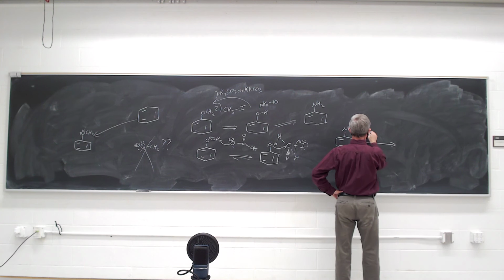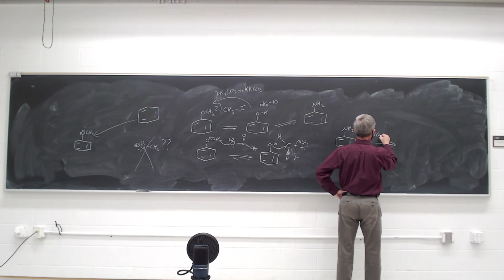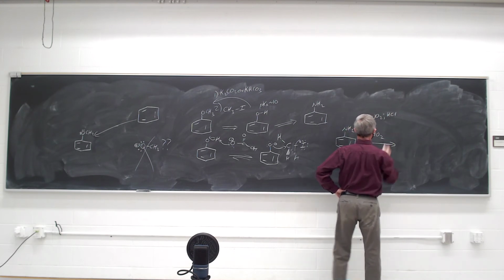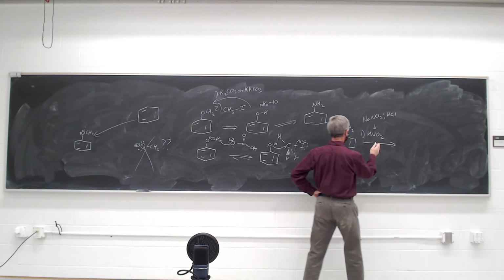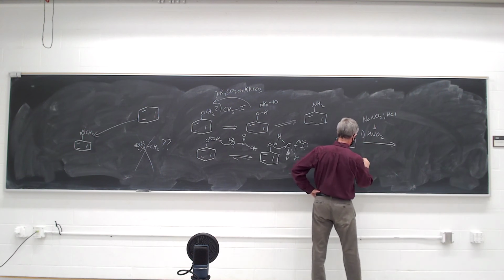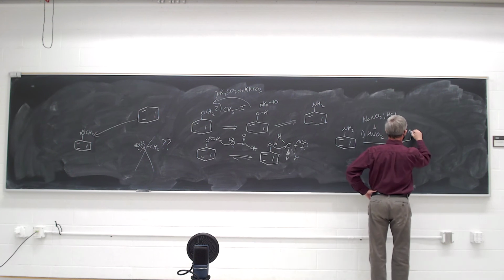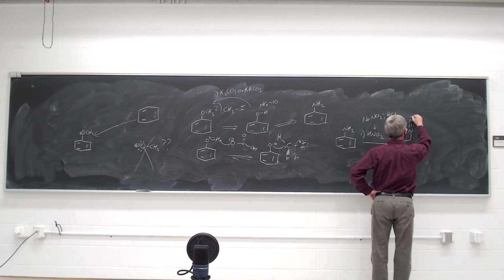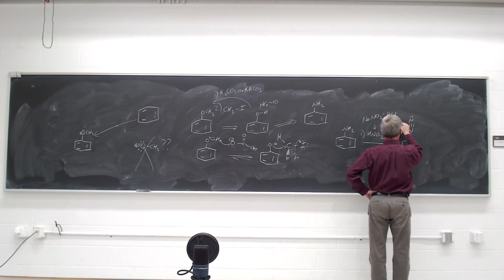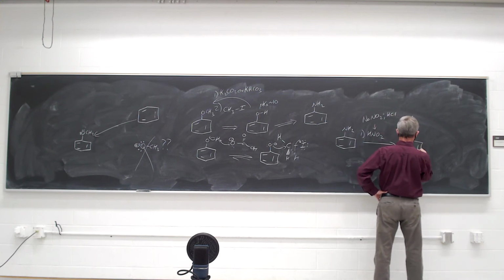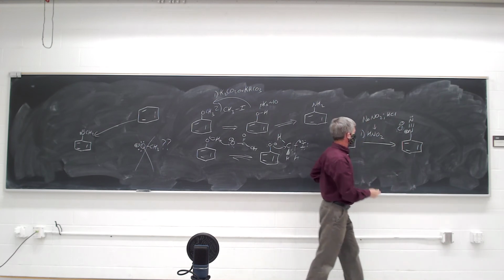If we treat this with HNO2, right, which we normally make by mixing NaNO2 with HCl, we will make the diazonium salt. And then that diazonium salt reacts with water.